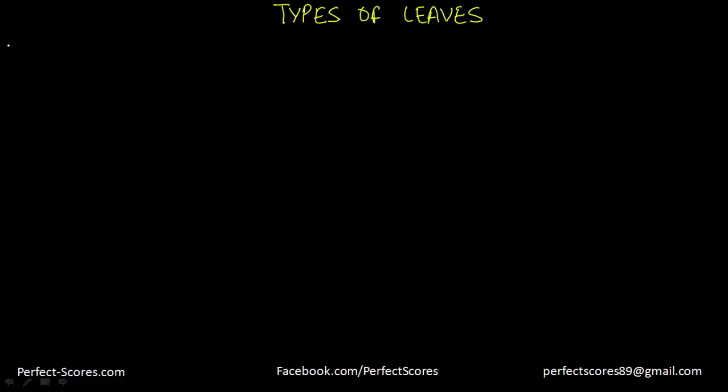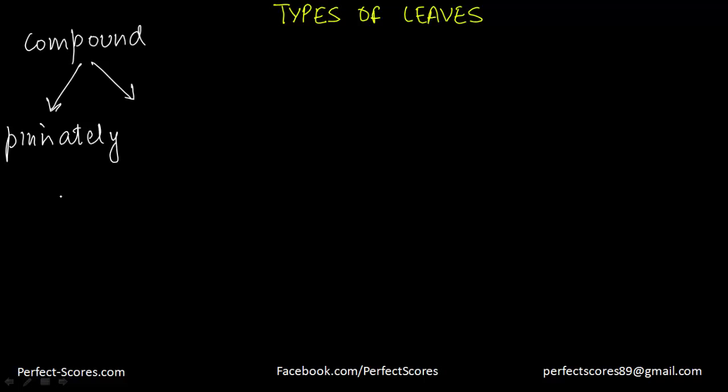Now the compound leaves may also be of two types. They can be pinnately compound. Alright, for example, this is the stem. Okay, this is the stalk, the petiole. Here is the axillary bud, and here you can find the stipules.